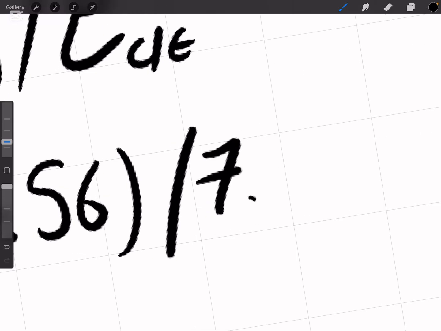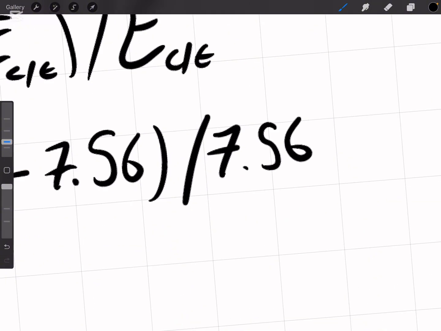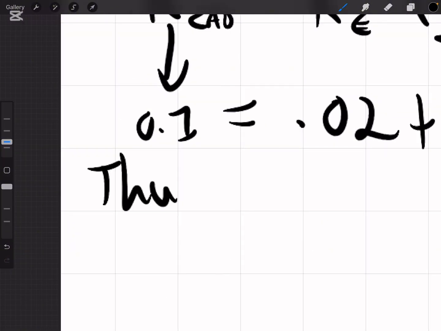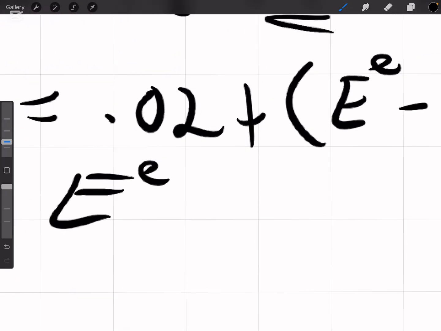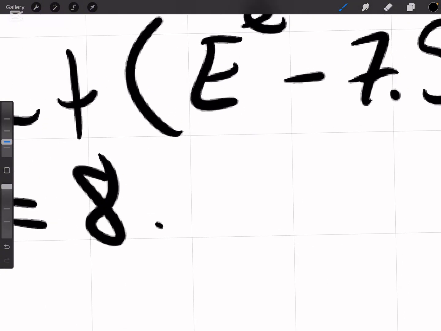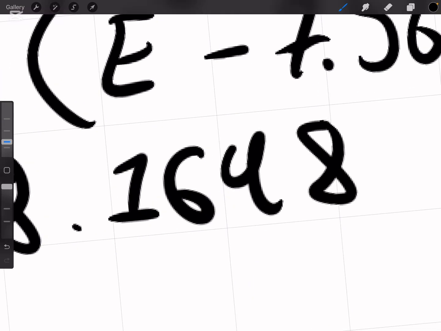And you know I'm doing the sevens like that, because that's how my mama raised me, okay? Thus, you can do some easy algebra to get this answer. We have an expected exchange rate of 8.1648.